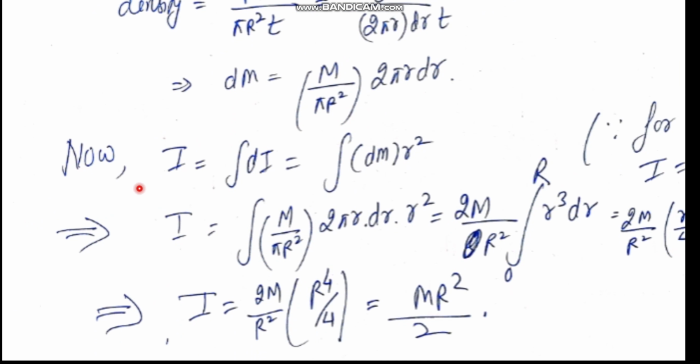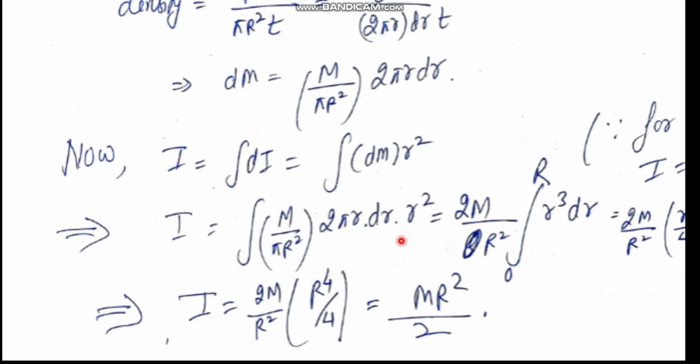Now, as suggested earlier, the moment of inertia will be the summation of dI, and the contribution of that ring is dm r square. Now we put the value of dm calculated above into this. This dm is M by pi R square into 2 pi r dr, into r square. So in this integration, M comes out, this 2 comes out common, and R square comes out common.